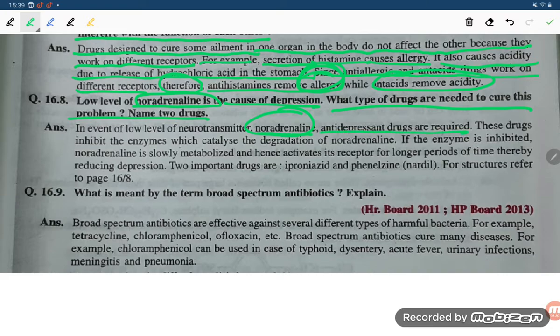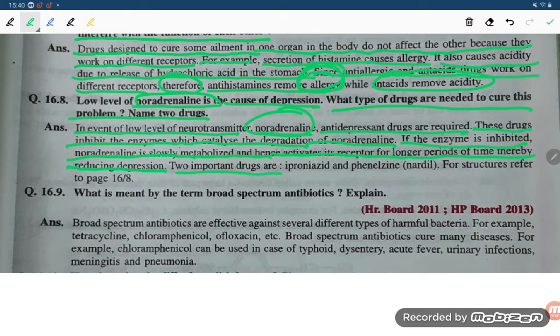In the event of a low level of neurotransmitter, they are saying for noradrenaline, an antidepressant drug is required. These drugs inhibit the enzymes which catalyze the degradation of noradrenaline. If the enzyme is inhibited, noradrenaline is slowly metabolized and hence activates its receptor for a longer period of time, therefore reducing the depression.